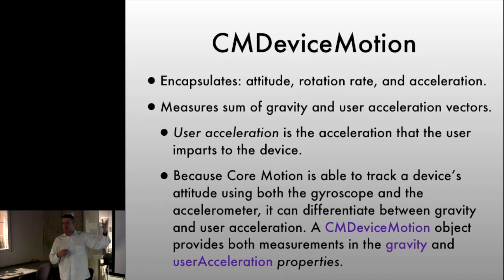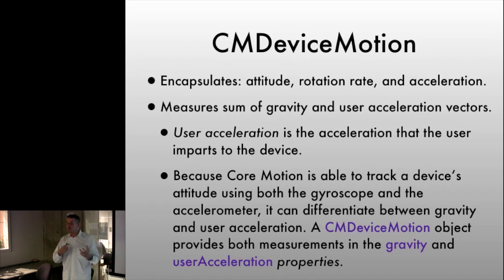So device motion, like I said earlier, encapsulates everything, puts it all together in a neat package for you. It can take into account the direction that the device is moving relative to the Earth, and can take into account gravity as well. It has two different motion vectors in terms of acceleration.